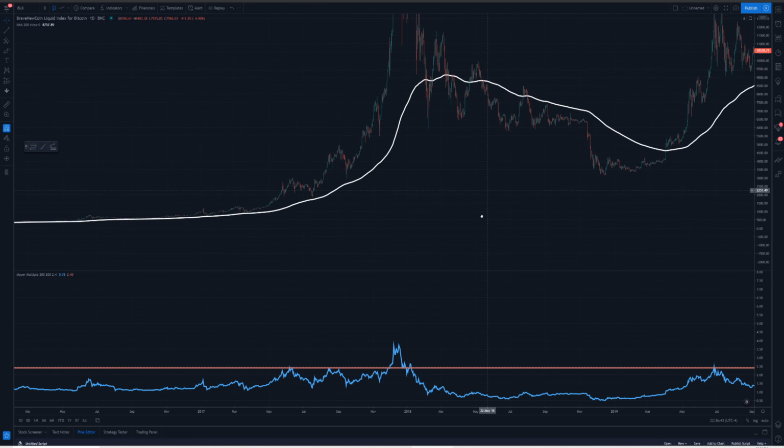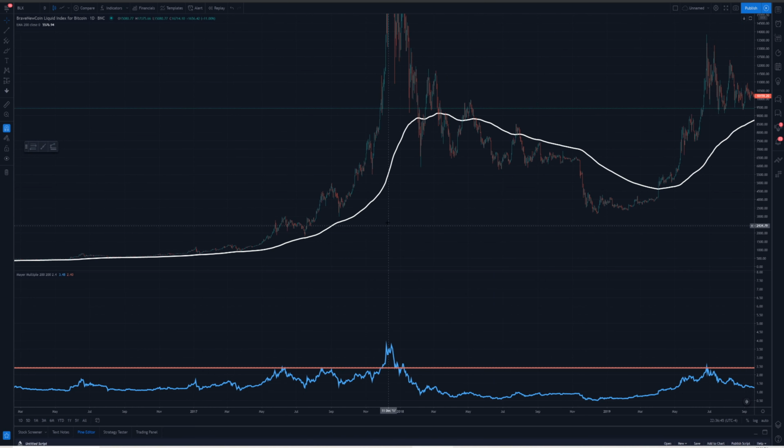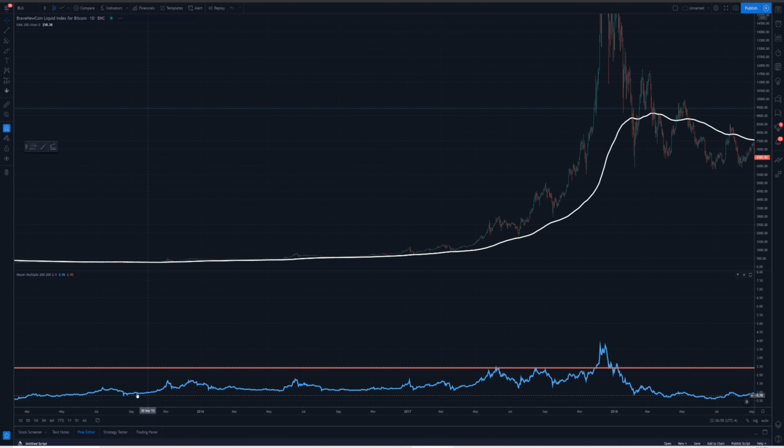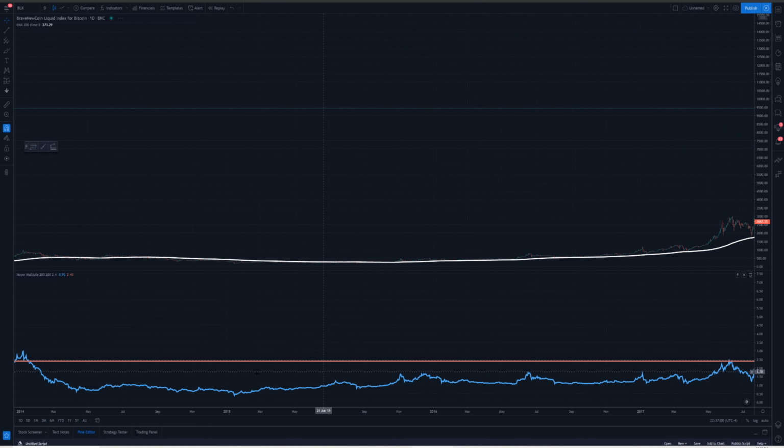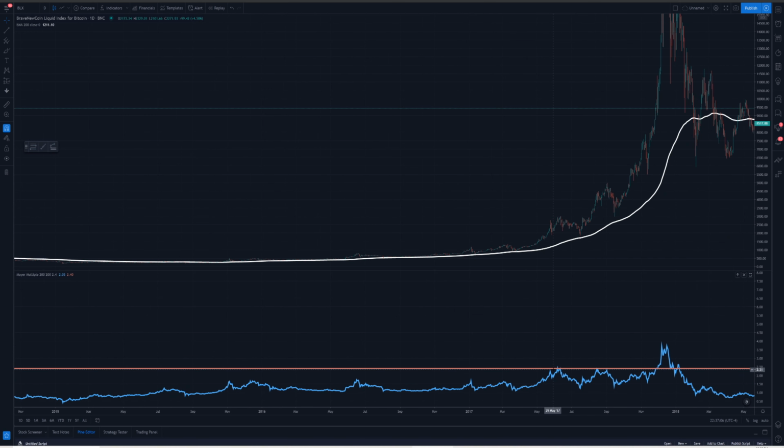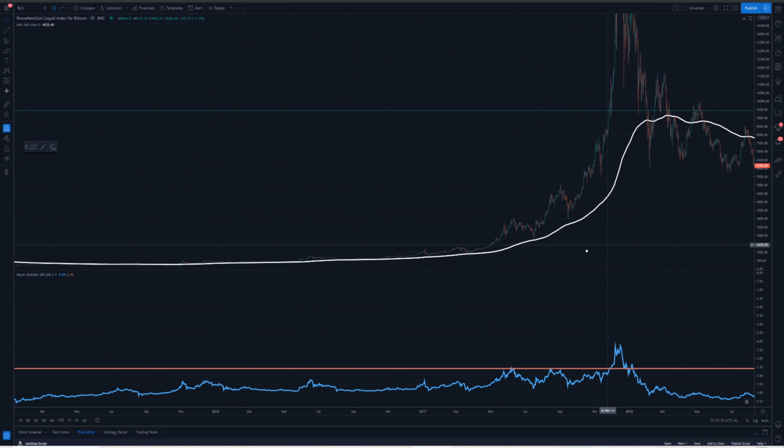This is that manic phase that Mayer says it's not a good idea to be buying Bitcoin at these multiples above 2.4. But the important thing to note is that, if you were accumulating Bitcoin all this time before this thing went above 2.4, for the better part of over a year the Mayer Multiple is below 2.4. So from 2014 to 2017, you got almost 3 years there where you could have been buying Bitcoin before this thing took off.